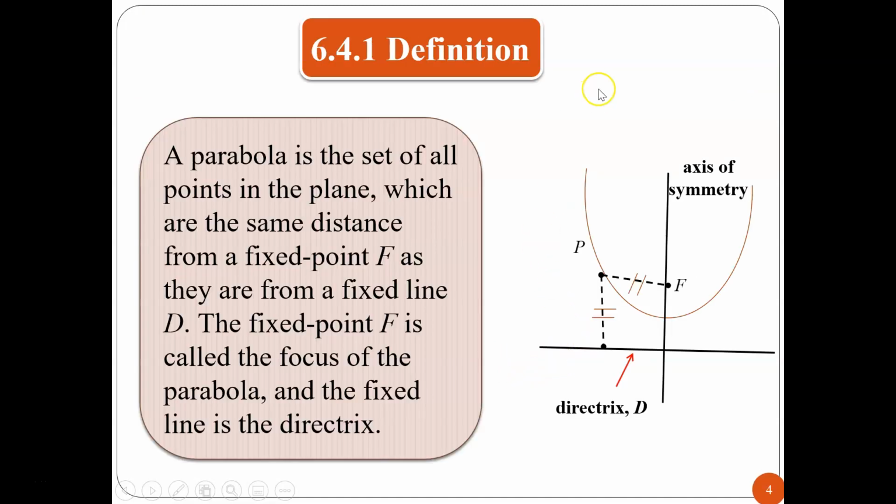So first of all, you need to know what a parabola is. The diagram shown here is the shape of a parabola.